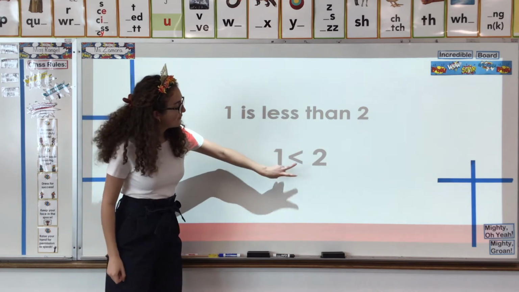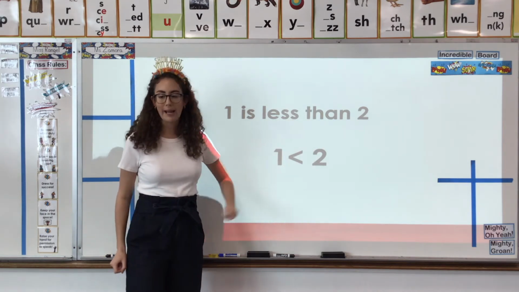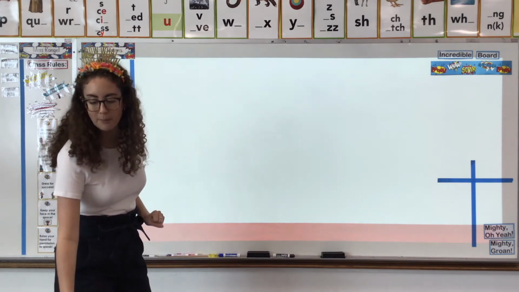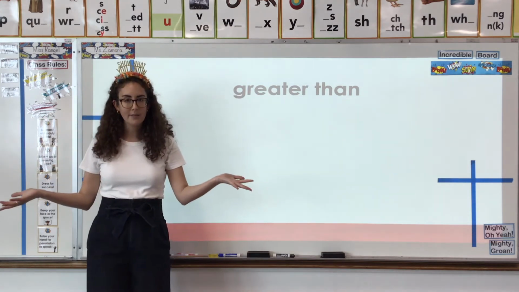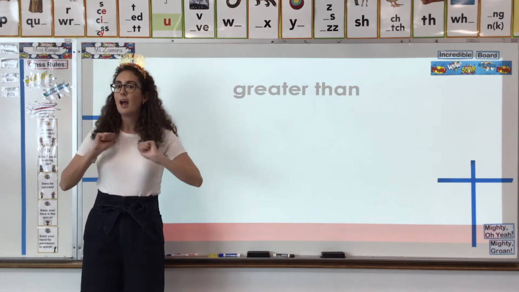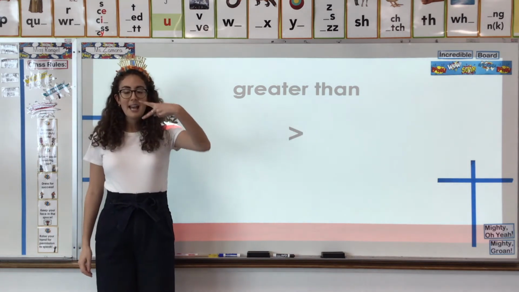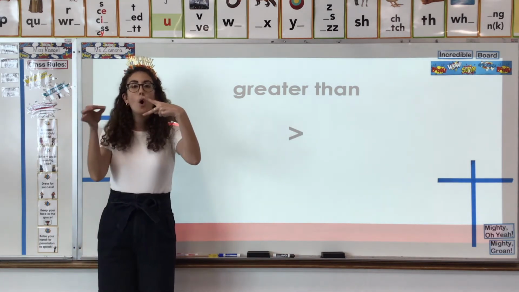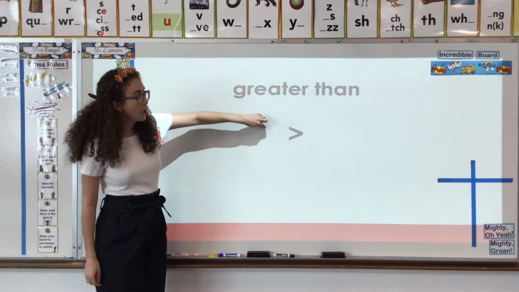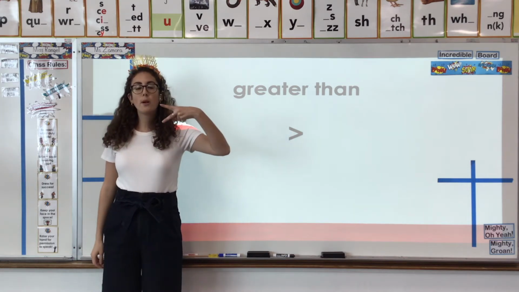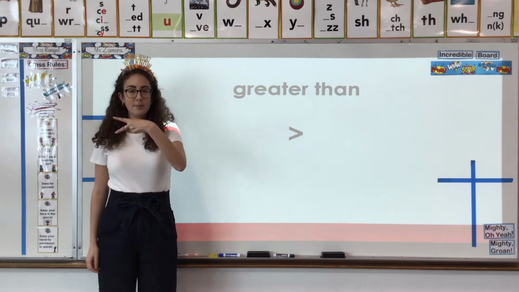So, if less than goes to the right, what about greater than? Greater than, the symbol is going to face the left. It's going to be facing and opening towards this first number. So it's going to be looking towards the left.